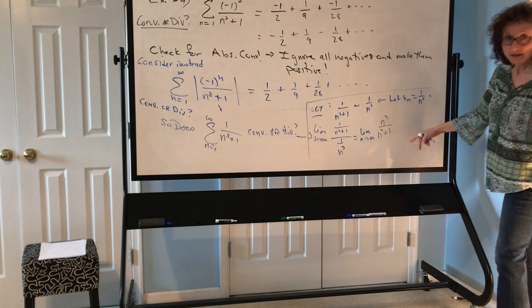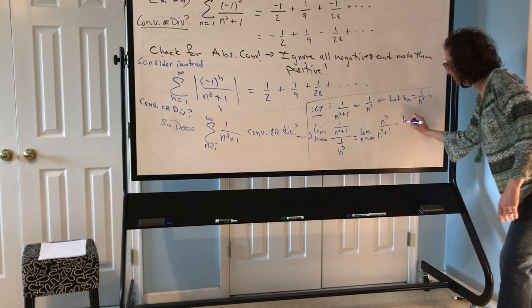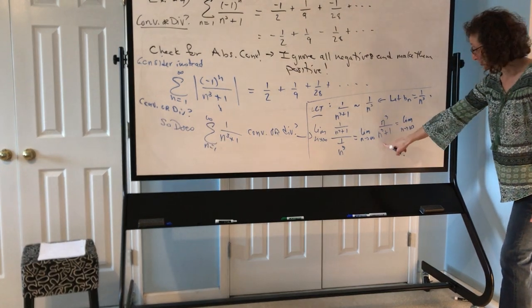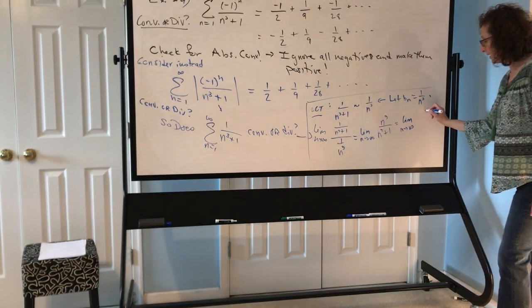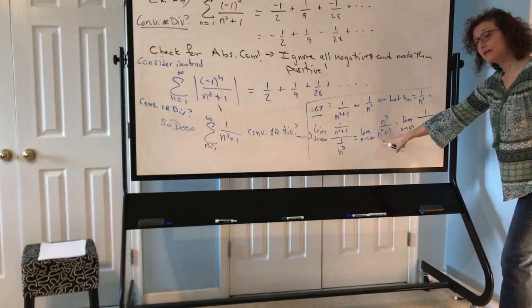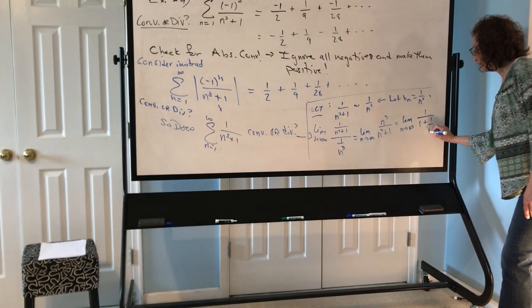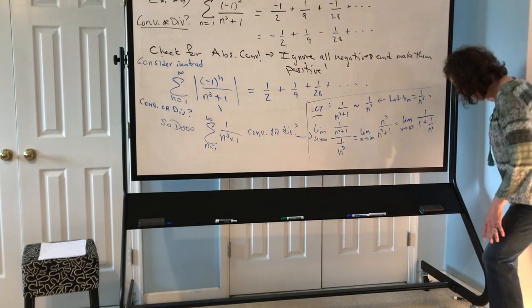It's infinity over infinity. You can either do L'Hopital's rule 3 times, or you can use our method where we divide by the highest power of n in the denominator, which is n cubed. When I divide the numerator by n cubed, I get 1. When I divide the 1 in the denominator by n cubed, I get 1 over n cubed. You have to justify, show you know what you're doing.